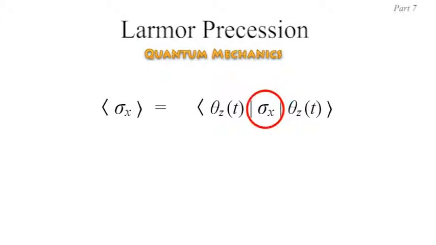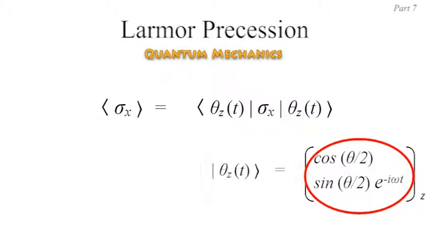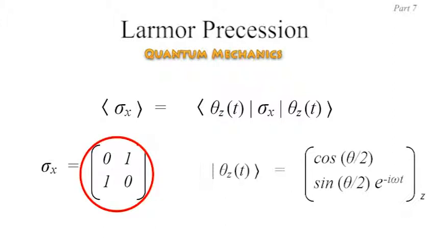There's the operator for measuring the spin in the x direction, sigma x, and it's sandwiched between the time-dependent state vector for this situation, the ket vector, and the same thing written in bra form on the left. Now we said that the state vector in ket form is given by this column vector, and the spin operator for the x direction, sigma x, is given by this matrix.